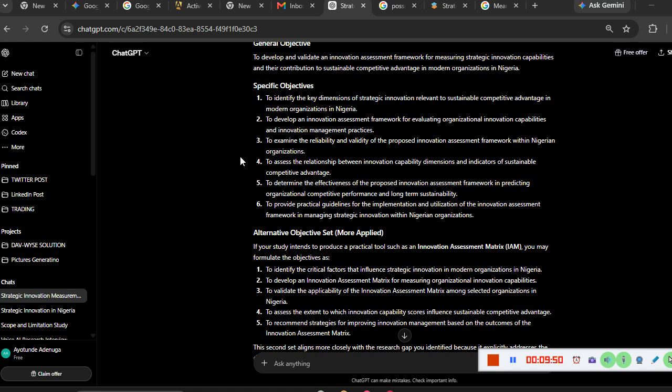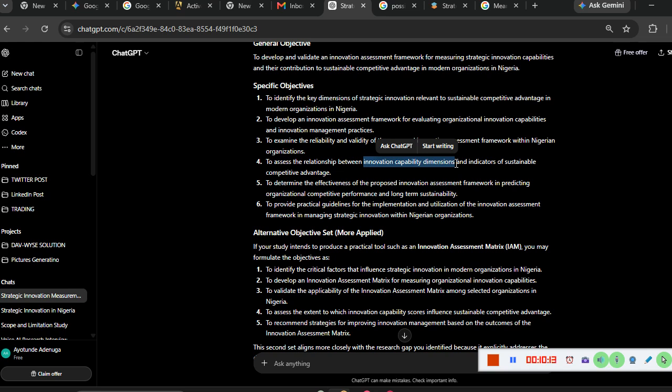And you will see that all the objectives are in that regard, saying to assess the relationship between innovation capability dimensions and indicators of sustainable competitive advantage. The innovation capacity dimensions have to do with idea generation, product development, market penetration, and what have you.